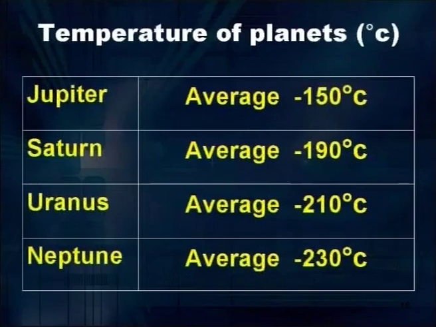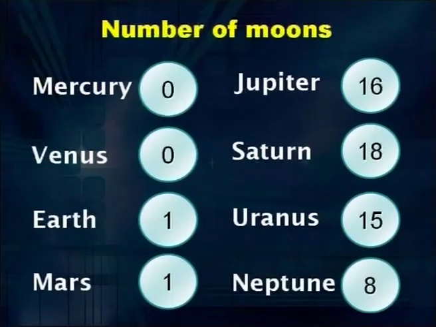And our last information, the number of moons that a planet has. The first planet, second planet, third planet, fourth.